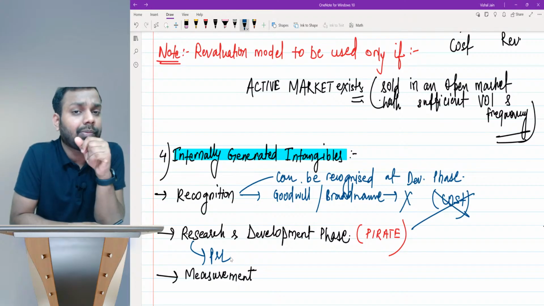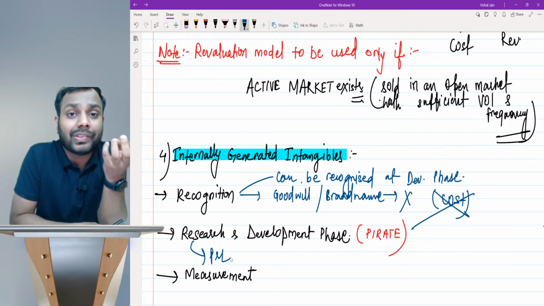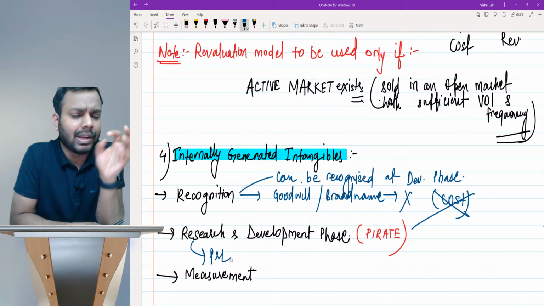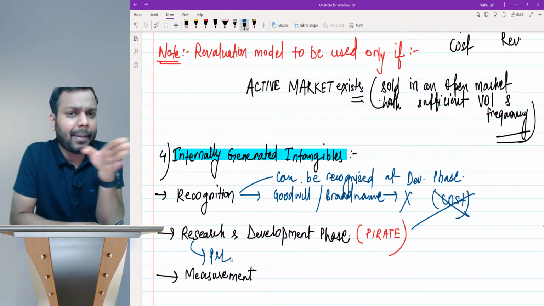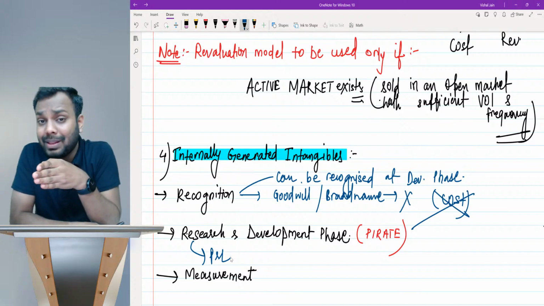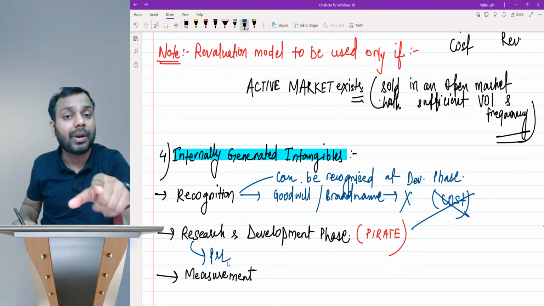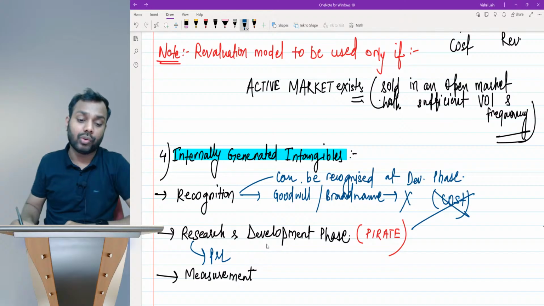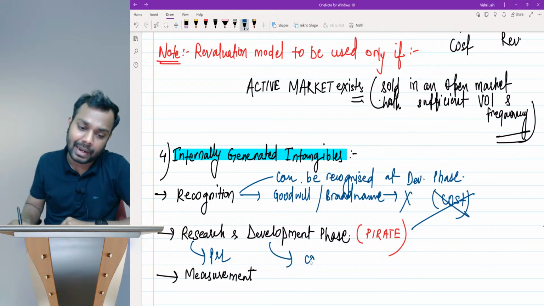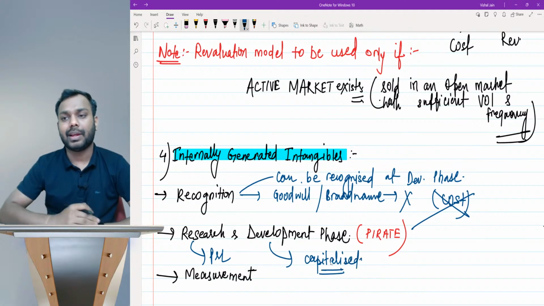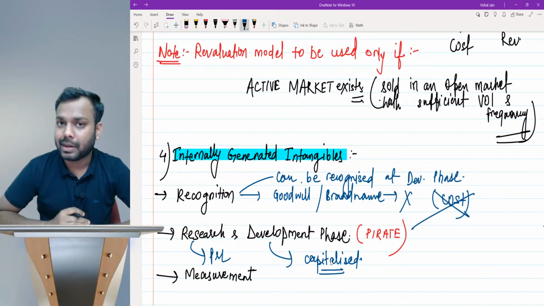My intention is not to succeed, my intention is to gain knowledge. But once I have gained the knowledge and I see that yes, it can be successful, and when I am developing the asset, then the future economic benefits must be probable. So development phase will be capitalized. Is that clear, guys? Is that clear to all of you?